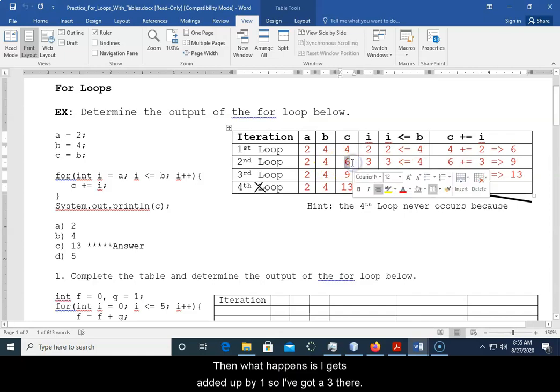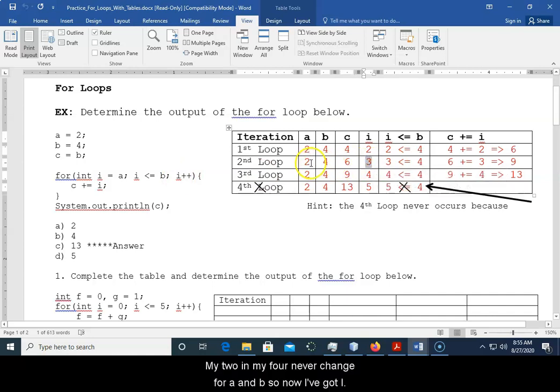Then I gets added up by 1, so I've got a 3 there. My 2 and my 4 never change for A and B. So now I've got I is less than or equal to 4, so 3 is less than or equal to 4, and so then I add I to C, so we've got 6 and 3 is 9, so I write down 9 for C, okay?